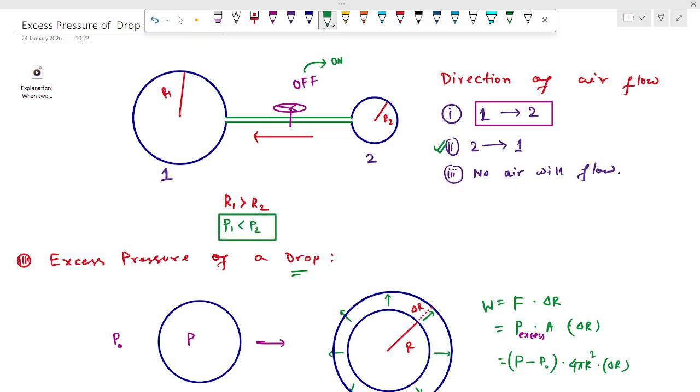Here we see the pressure P2 in the smaller one is more than that of the large surface or the large balloon. So higher pressure is here, and the air will flow from the smaller one to the larger one, that is from 2 to 1, so option 2 is correct.